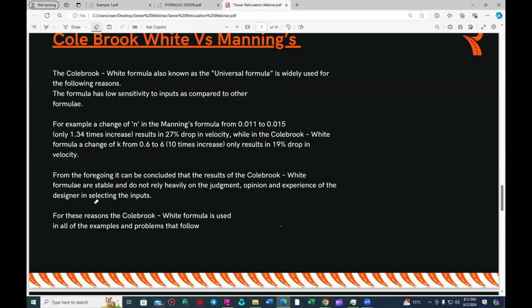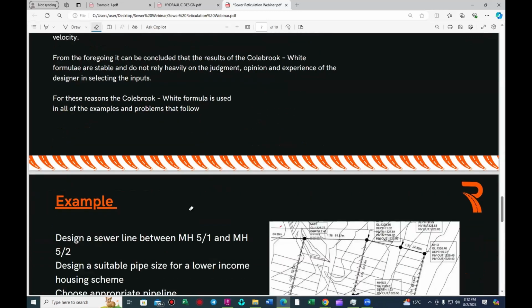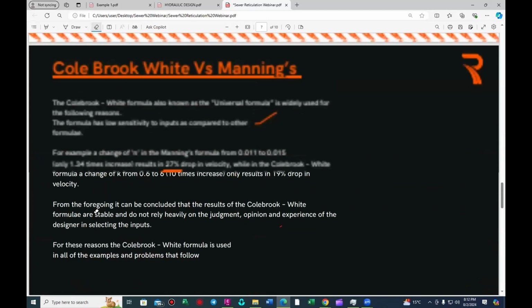Also, you guys need to know that from the foregoing, it can be concluded that the results from the Colebrook-White formula are stable and do not rely heavily on the judgment, opinion, and experience of the designer in selecting the inputs, right? So for these reasons, we're going to be using the Colebrook-White formula going forward. I'm going to touch on an example right now.